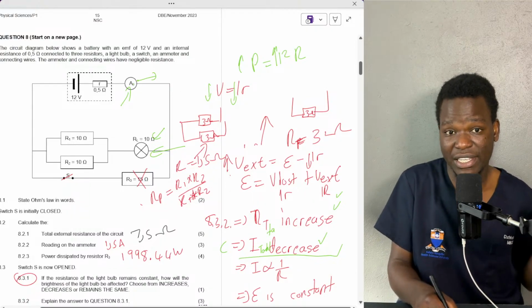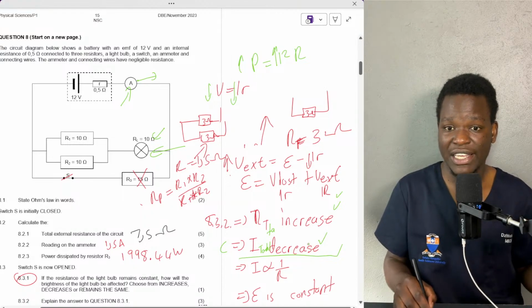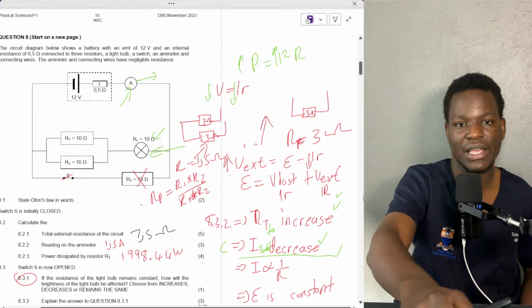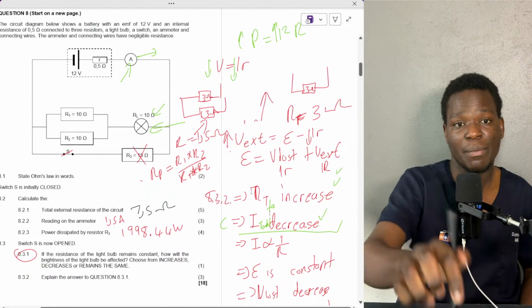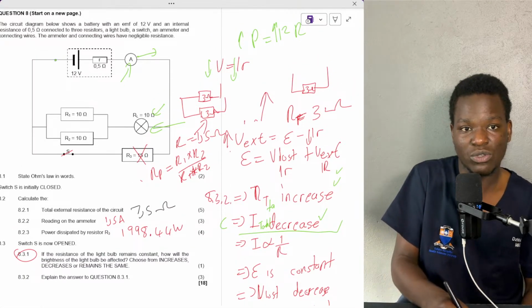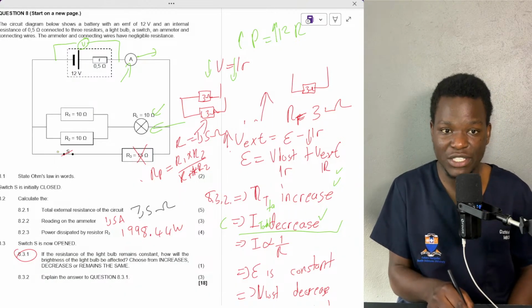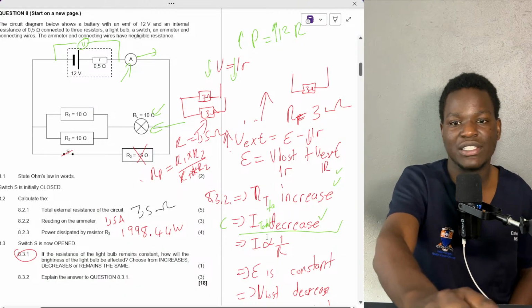So you must know where to end. But if they were asking about this one, you could be correct, because this is the current across this one. That distinction is very important. If they had asked what will happen to the voltmeter reading over here if this one is removed, you will end your answer here.